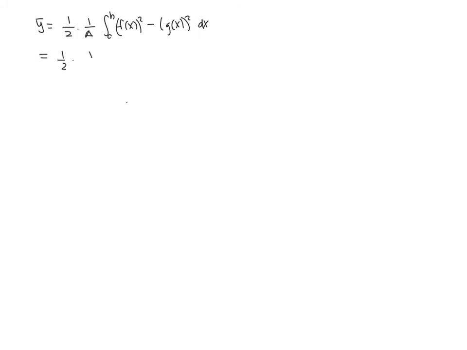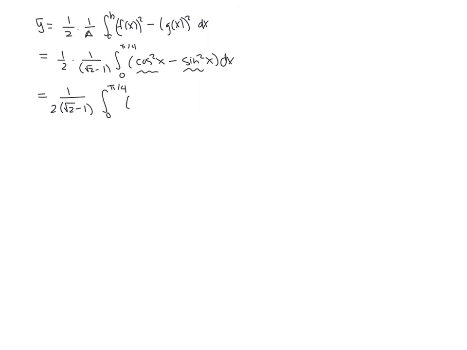So 1/2 times 1 over root 2 minus 1, integral from 0 to pi quarters, and we have cosine squared x minus sine squared x. And I know you thought you were done with trig forever, but what you're going to have to do here is use those fancy half-angle identities. So cosine squared and sine squared. Thankfully, some nice stuff will cancel. 1 over 2 times root 2 minus 1.